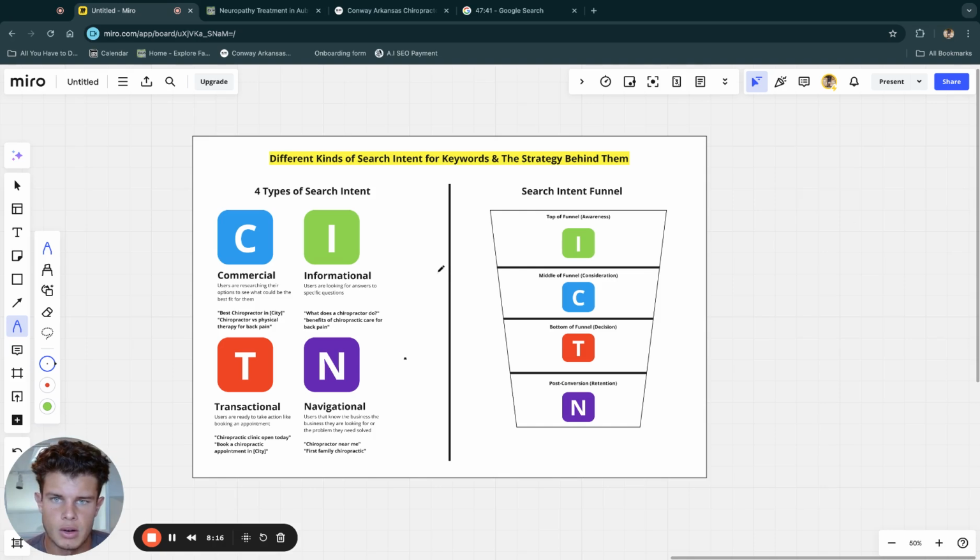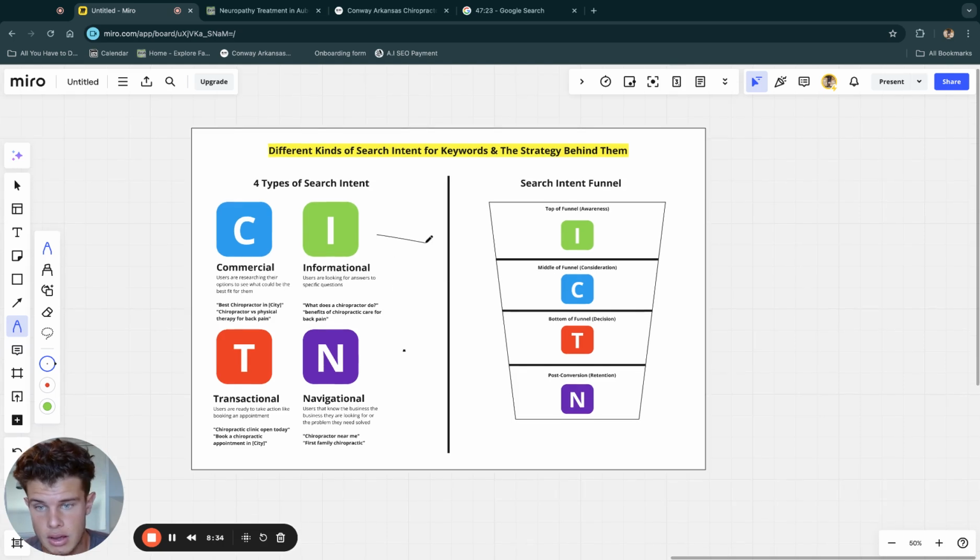So now that we've gone over basically what the mistakes that other practices make or local SEO companies make in general as to why people don't see results, now it's really time to go over kind of what the basic strategy is. Now, I'm not saying that you should only target informational or commercial or transactional or navigational. It's about including all of them in really their own cohesive ecosystem, if you could say.